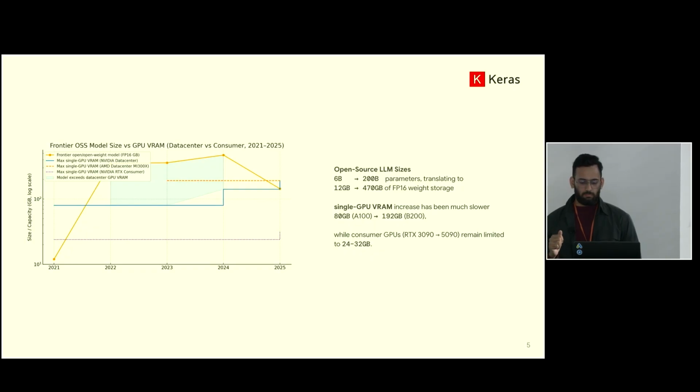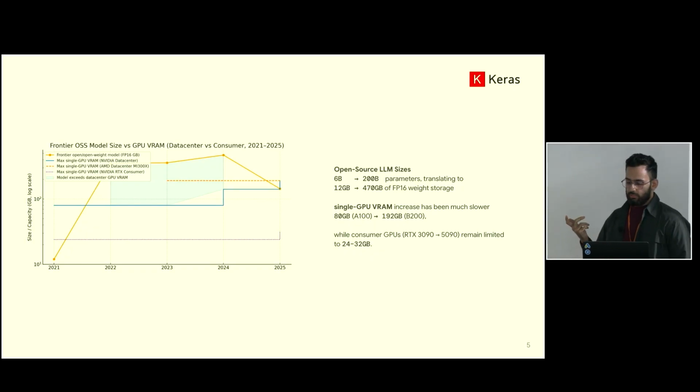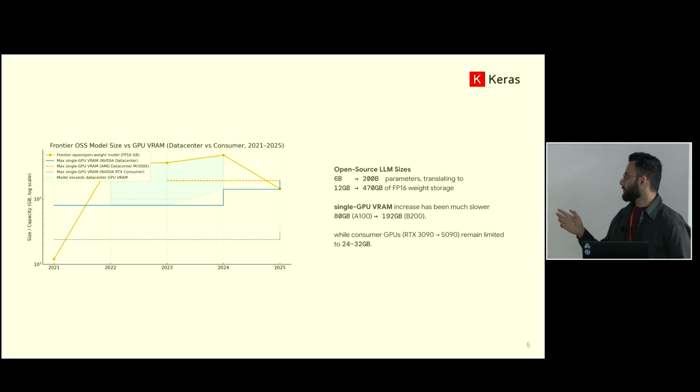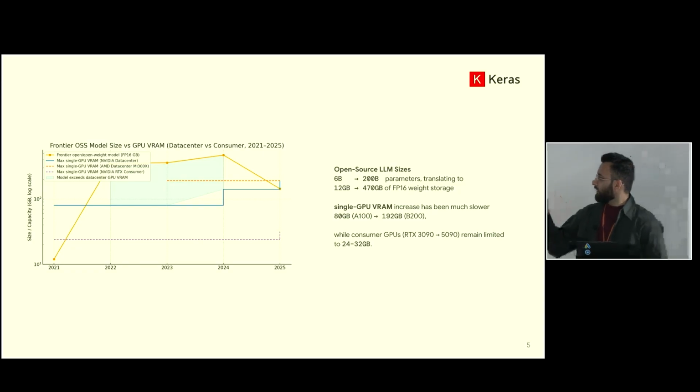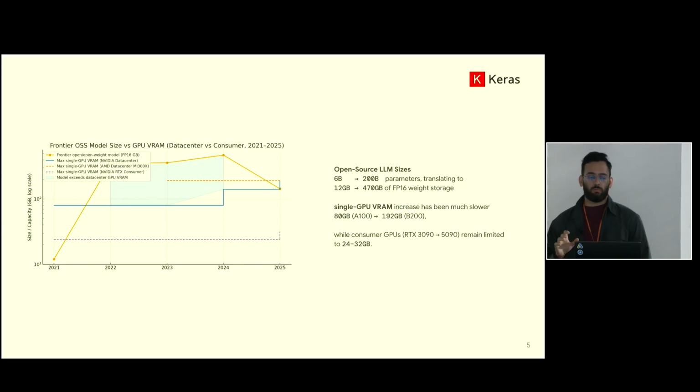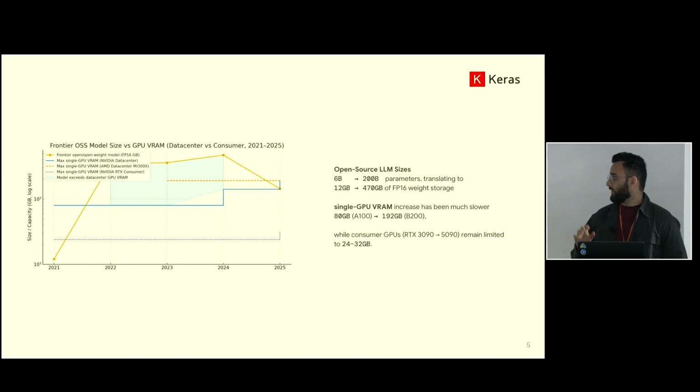And the data center grade hardware, we went from the A100 a couple of years ago, from around 2021, I think, which had the VRAM of around 80 gigabytes, to the B200 today, which has a VRAM of 192 gigabytes. So you see that the VRAM has comfortably lagged behind the growth in size for these models, which also means that you can't really run these models on a single chip anymore, not at least the larger versions of those models.